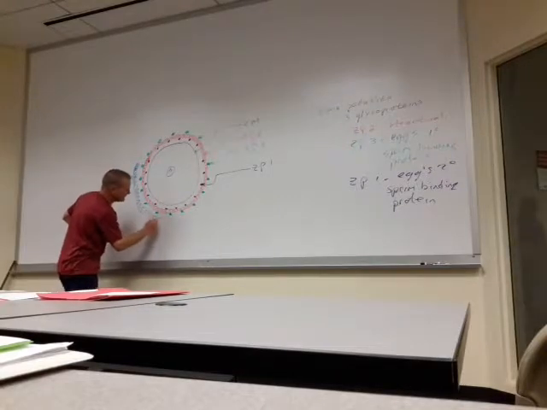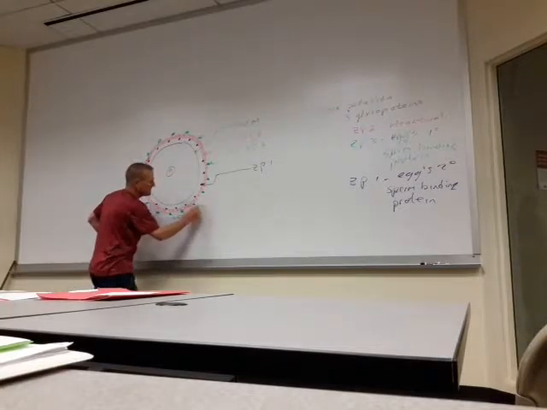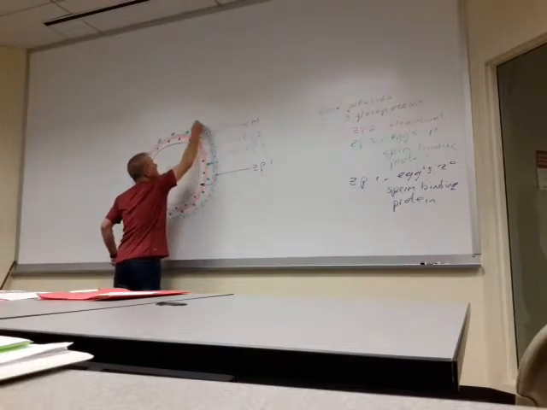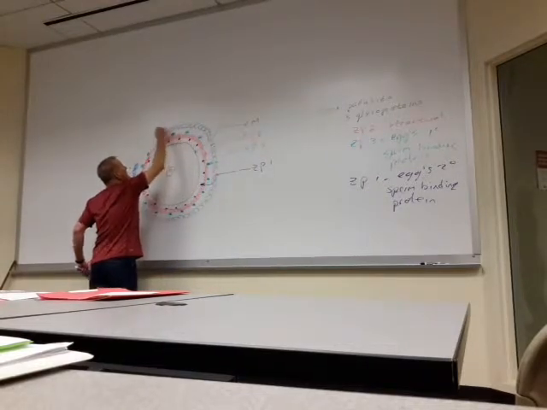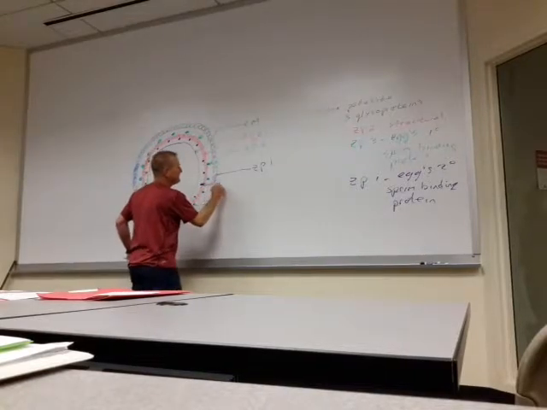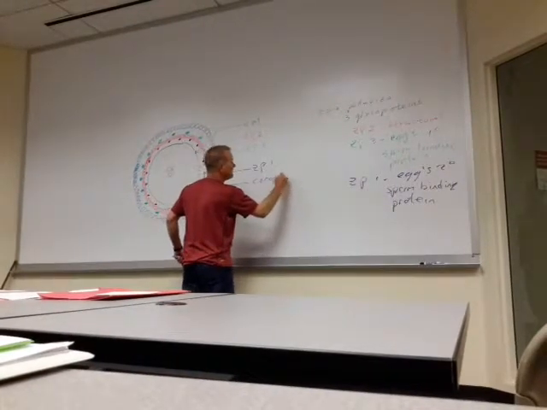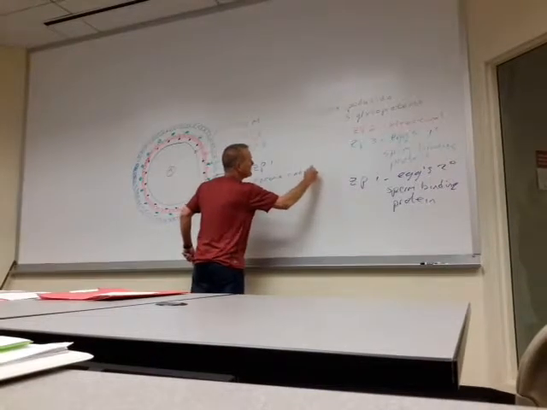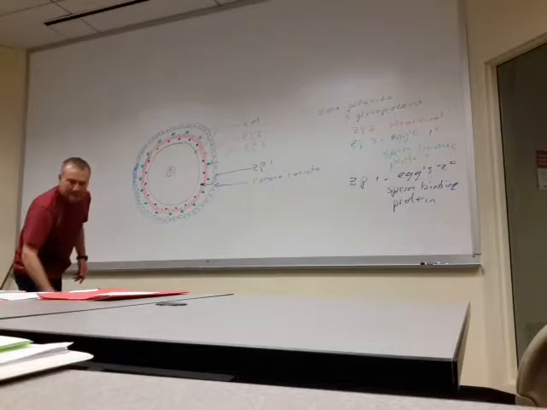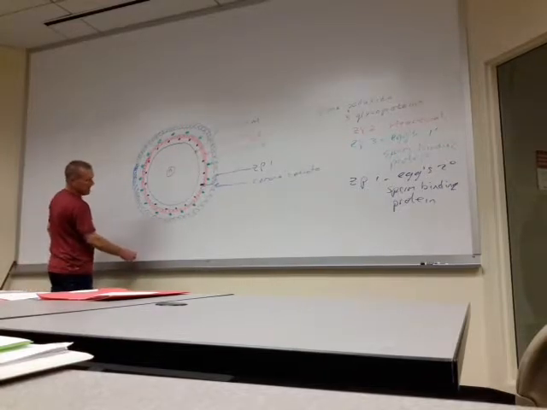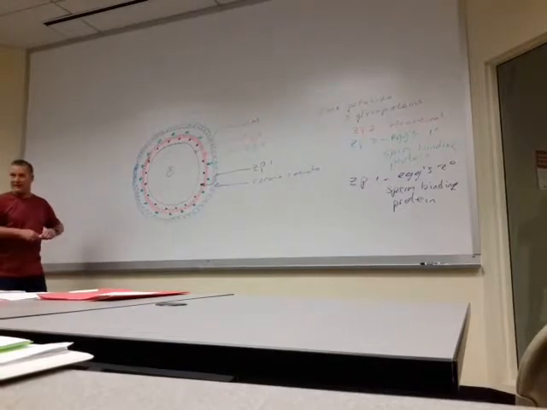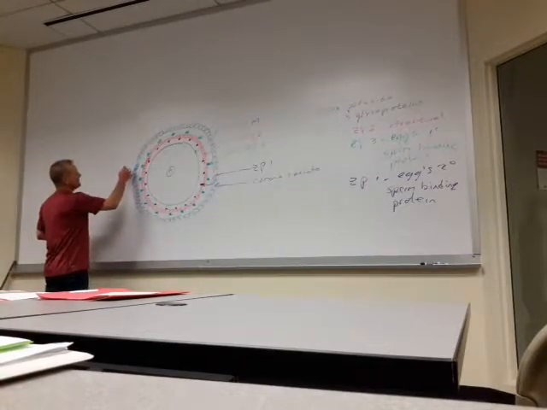Corona radiata. And outside of the corona radiata, there's another layer called the cumulus oophorus.